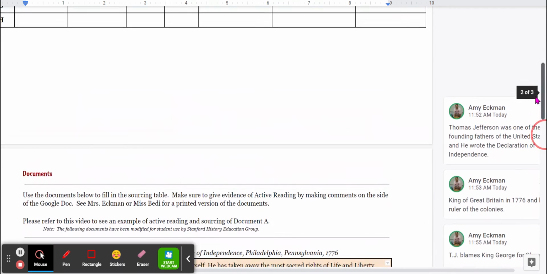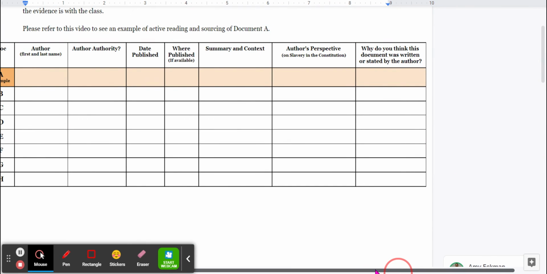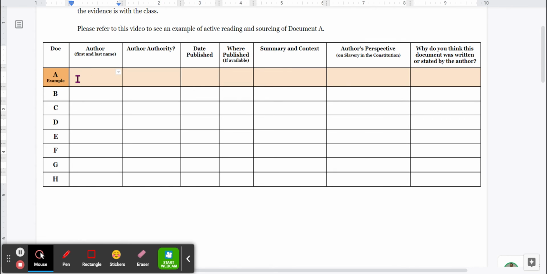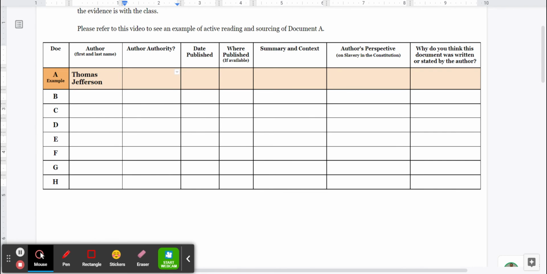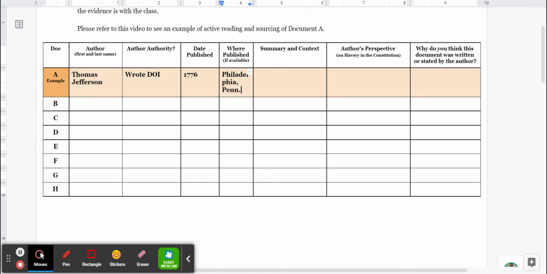So when we come back up here, our author's first and last name will be Thomas Jefferson. Author authority: we know he's an authority figure because he wrote the Declaration of Independence. I'm just going to do that because it's a note. Published 1776, we know that it was Philadelphia, Pennsylvania. The summary of the text is King George III will continue slavery.